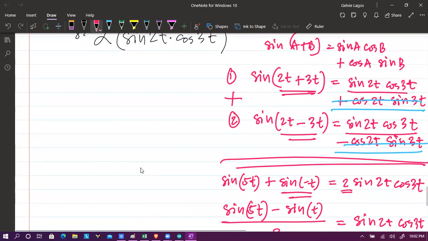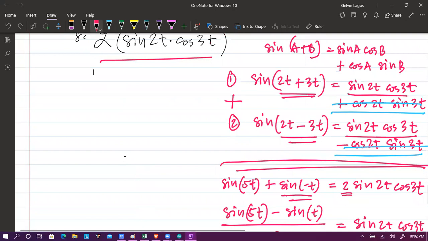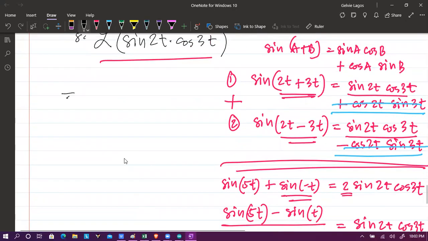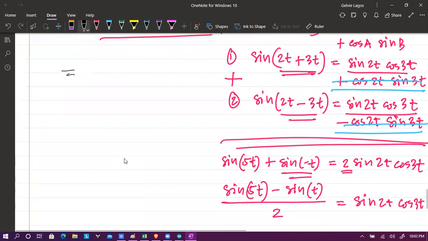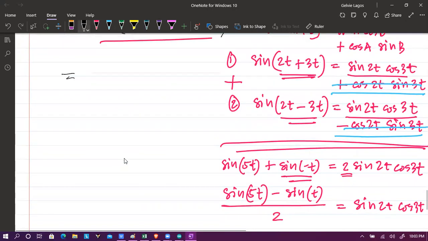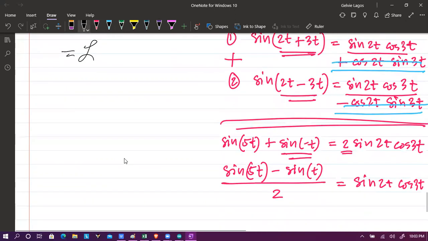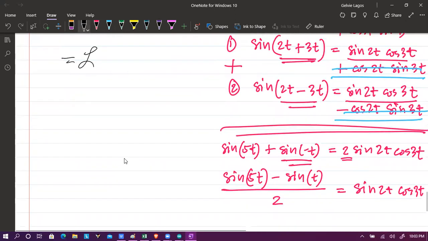Take note, they look similar. Okay, not similar but the same. Now let's substitute the derived trigonometric identities here. So we can have 1/2 of sine 5t minus sine of t all over 2.